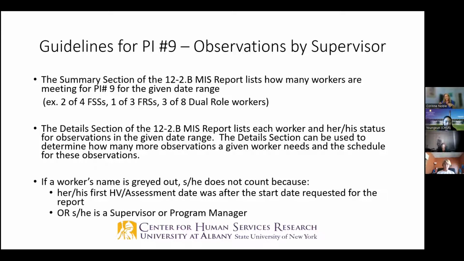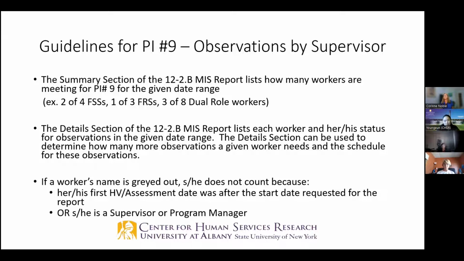And that you see when you look at the detailed piece of the report, where it's going to list every single worker on your program, and it's going to list their name and the score. So it's going to indicate, for example, that they have 3 out of the 4 home visits. So then you would say, okay, I have 3. I just need 1 extra home visit observation from today till the end of the reporting period, which is 9/30.